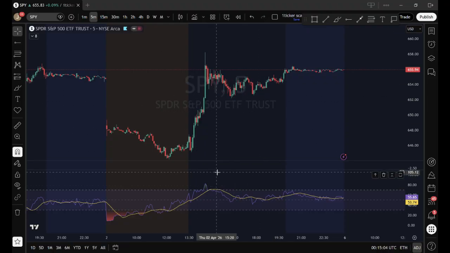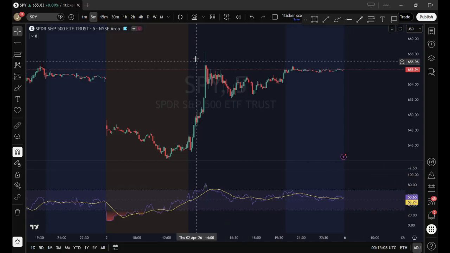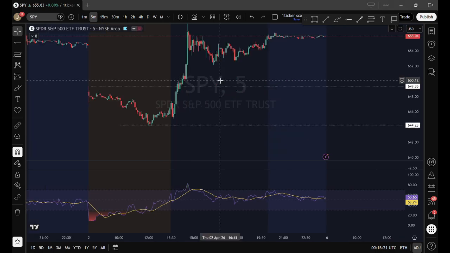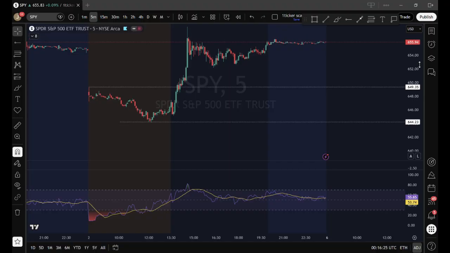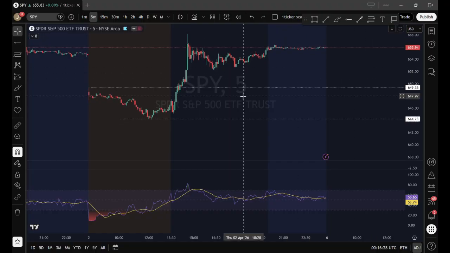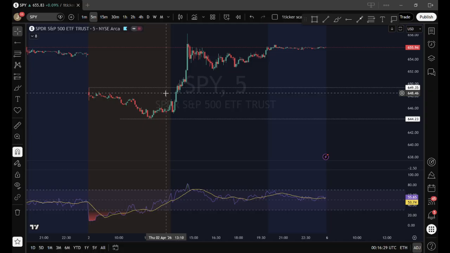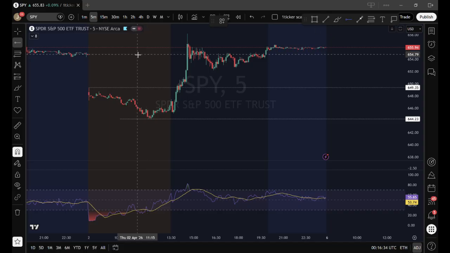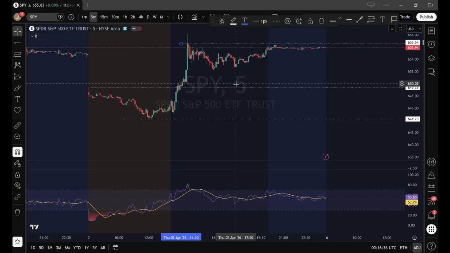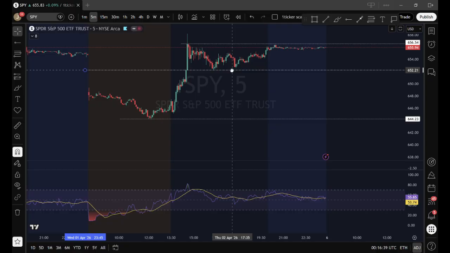But the main thing is understanding the RSI. If I had to simplify RSI for beginners, here's what I would say. Mark your support and your resistance. So our resistance would be right here. Our support would be right here.